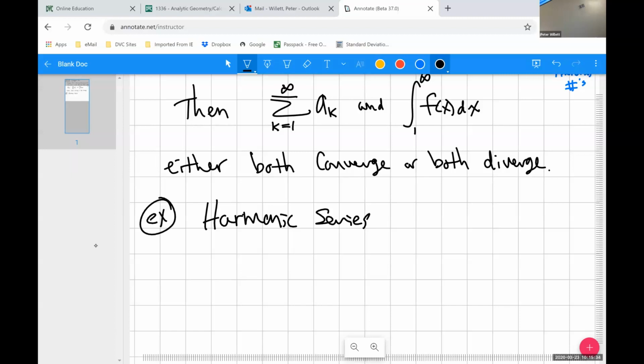But if you have a sub k equal to 1 over k, the harmonic series, and f of x equal to 1 over x, then this is an example where we have an infinite series where the terms in the series would be what you would get if you plugged in nice natural numbers into the function 1 over x.